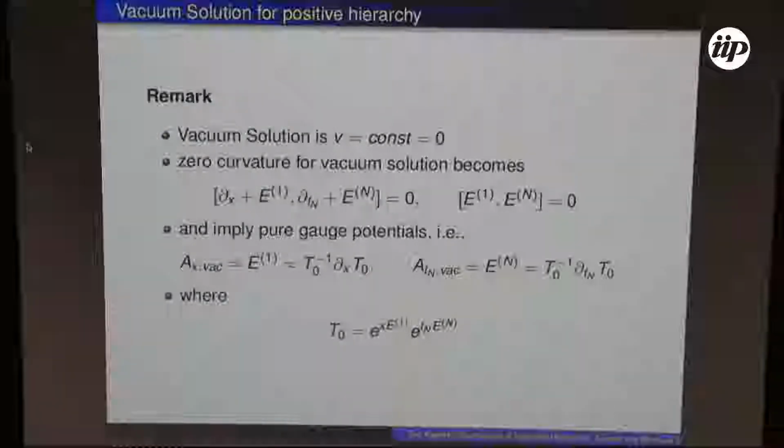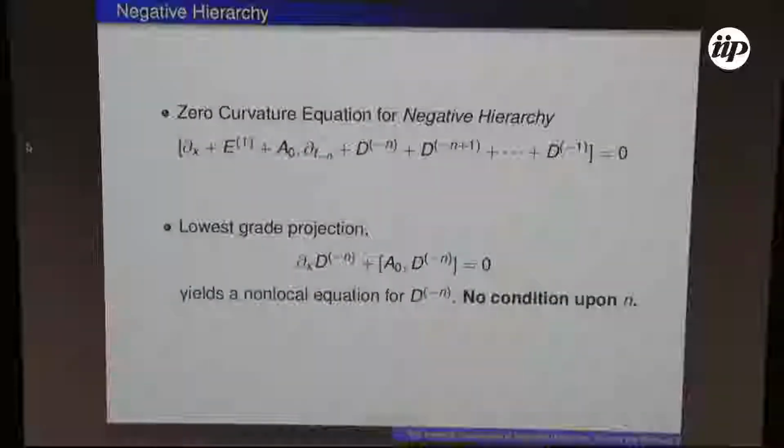Before I get to the solutions, I want to discuss the negative hierarchy. Remember that I put all the negatives to 0, capital M to 0. Now I'm going to put capital N to 0 and consider the negative part of the hierarchy.